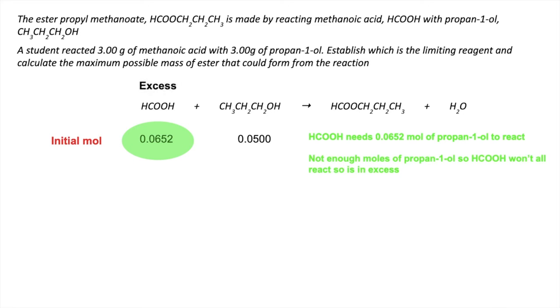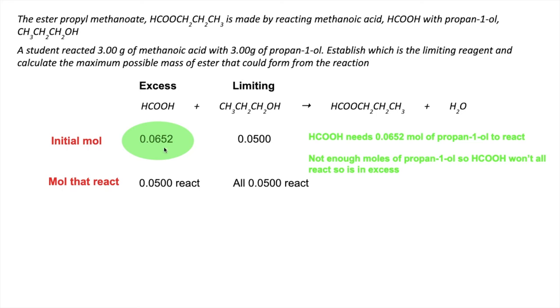So we've established the excess reactant is that one, so that's obviously the limiting one. Once you've done that, you can work out how many moles of each will actually react. All of the propan-1-ol will react because there's enough of the other one, but only that many moles of the 0.0652 will react. So there's going to be some left of this.